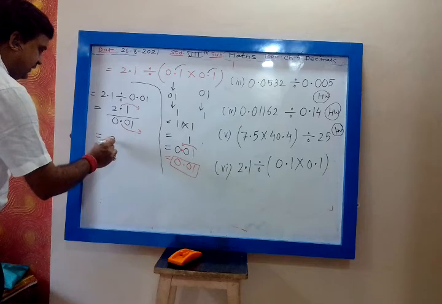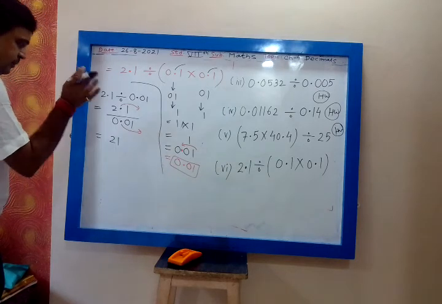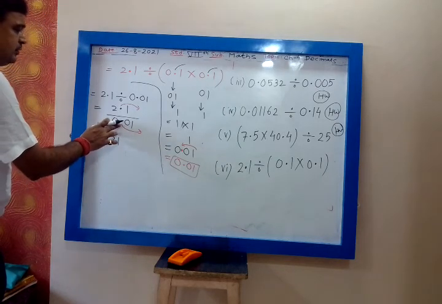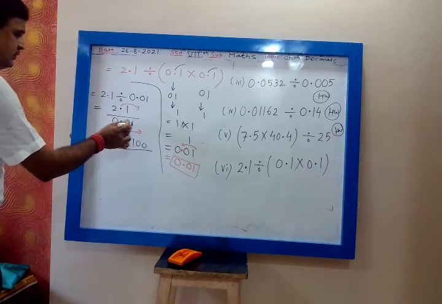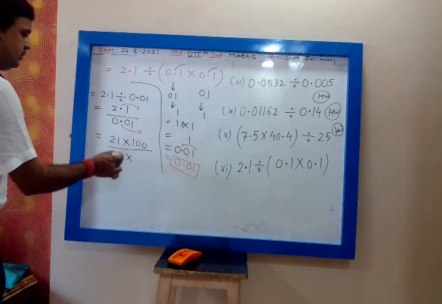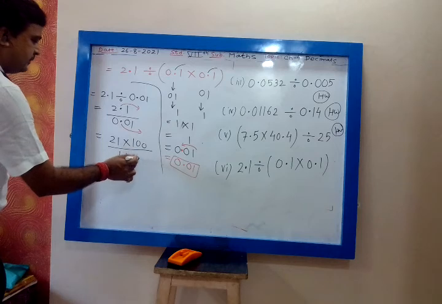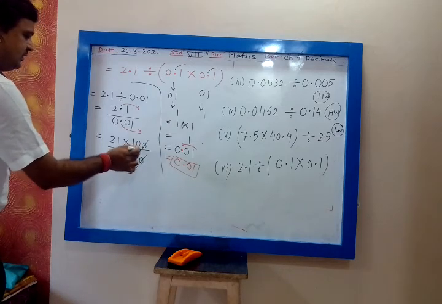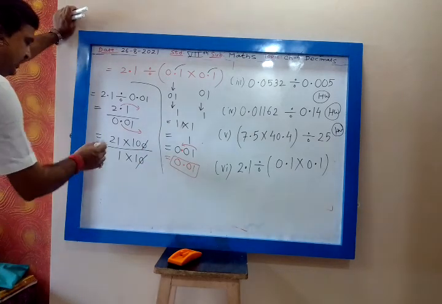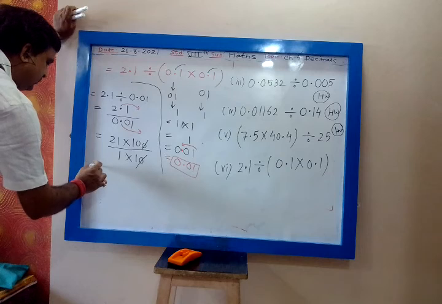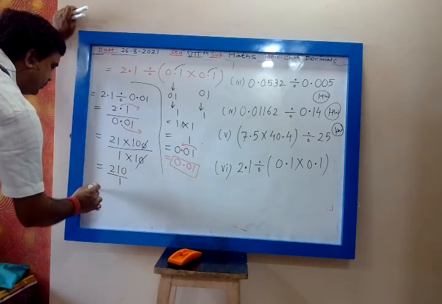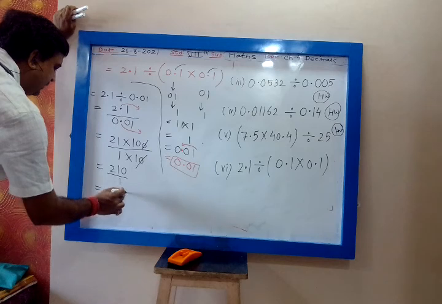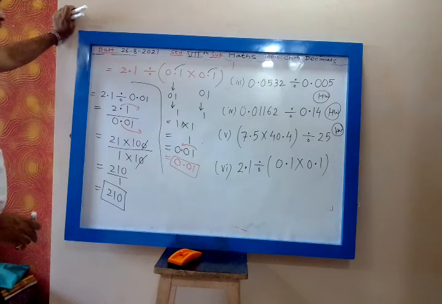So we write 21. From the denominator, how many decimals have I removed? 2. So multiplied by 100 in the numerator. Then 001 we write as 1. From the numerator, 1 decimal, so 10. 1 0 gets cancelled. So that is 21 into 10, 210 upon 1. The answer is 210.